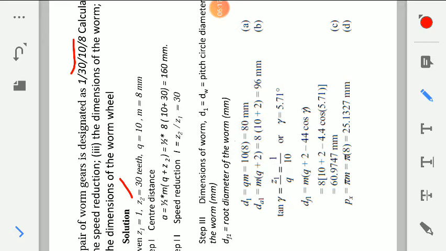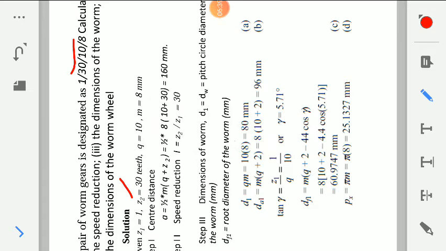And then dimensions, the pitch circle diameter. How do we find out the pitch circle diameter? It is given in the formula. It is diametral quotient into module, Q into M, that is 80 mm. And then the addendum circle diameter is M into (Q plus 2), that is 96 mm. Then we find out the lead angle. Tan of gamma or lambda is Z1 upon Q, that is 1 upon 10.